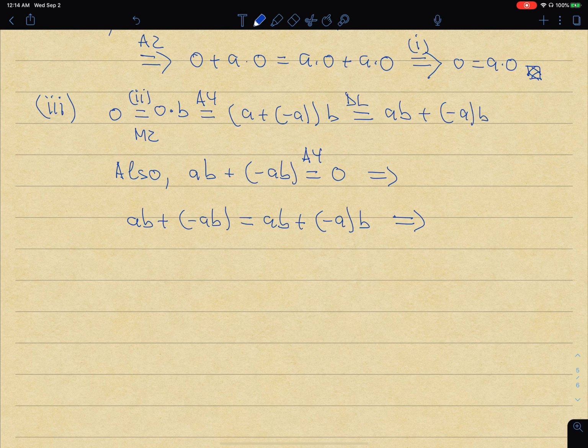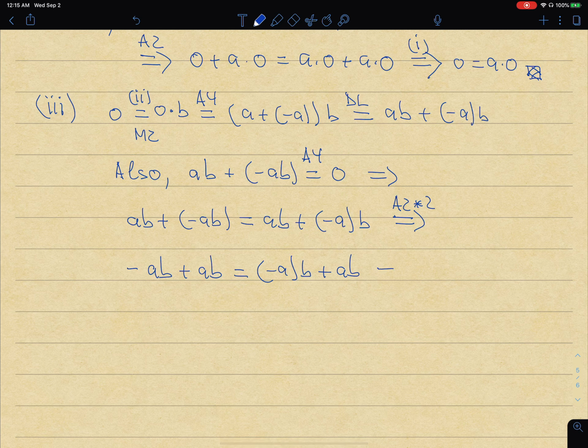Then by using the commutative law twice, commutative law for addition, so that's A2 times 2, I get, in fact, we can write this without parentheses now, minus AB plus AB, right? I interchanged two terms in the addition here. That's the same thing as minus A times B plus AB.